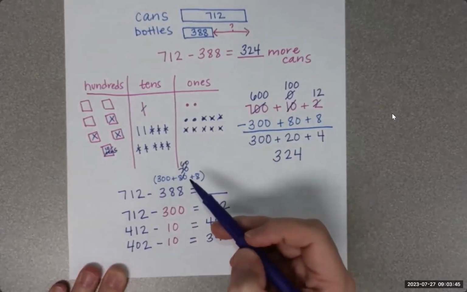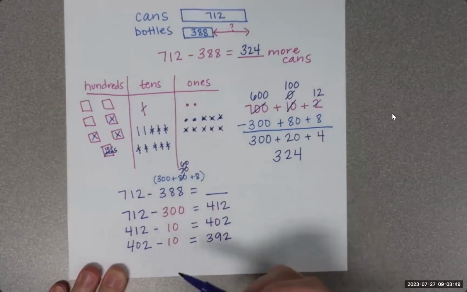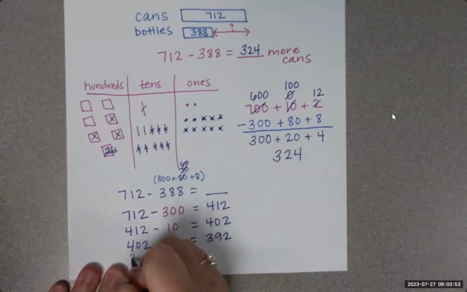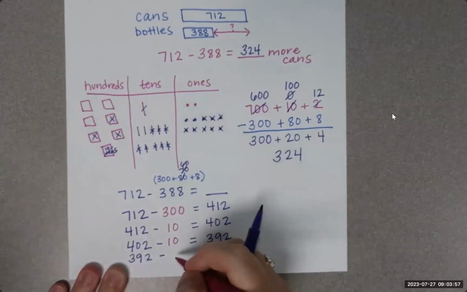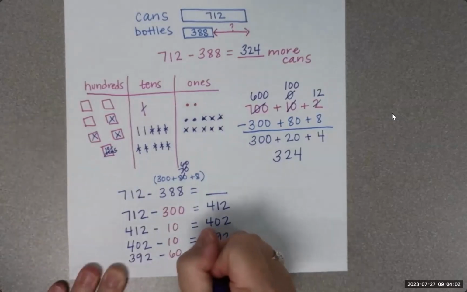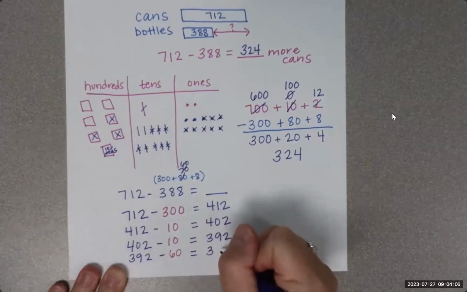I had 80, but I took away 10, and then I took away another 10. And now I have 392. Well, if I go ahead and subtract 60 from 392, I'm left with 332.